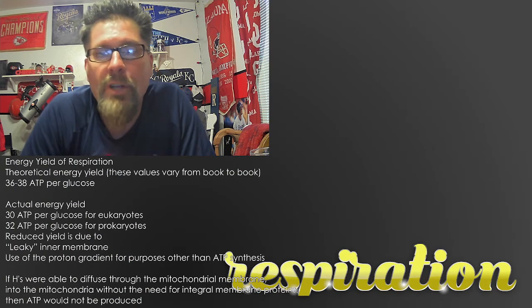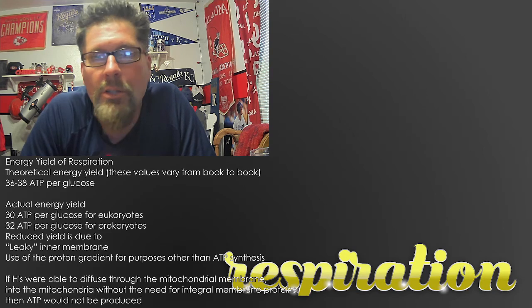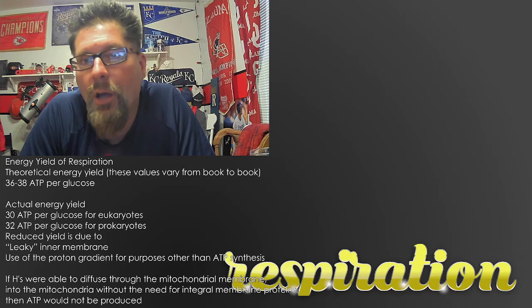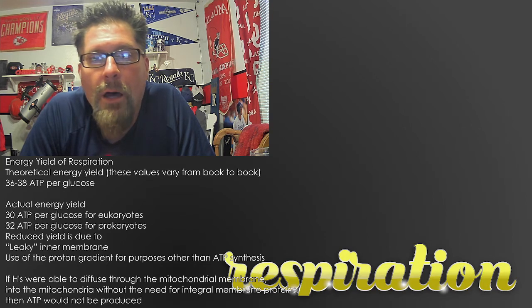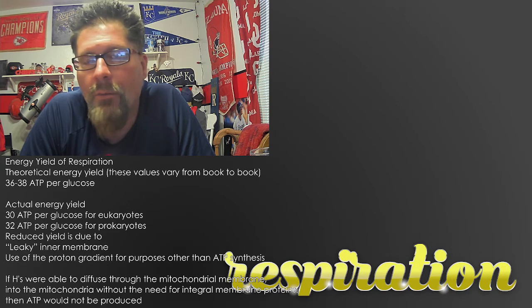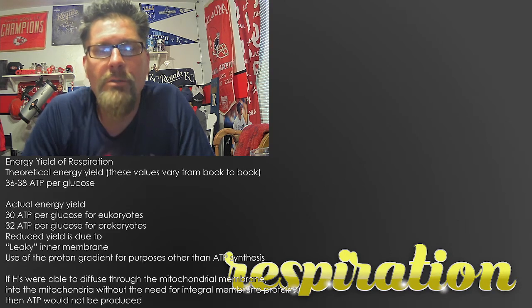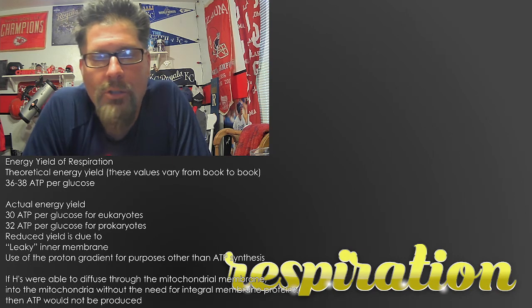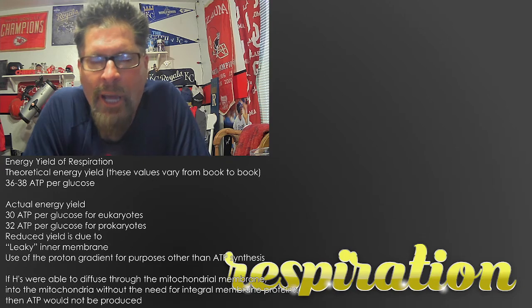Alright, so these next couple of slides and screens, we're going to talk about these big yield numbers. Now, everywhere, if you look around at different textbooks and websites, you will see different numbers for the net result or the grand total of ATP production.